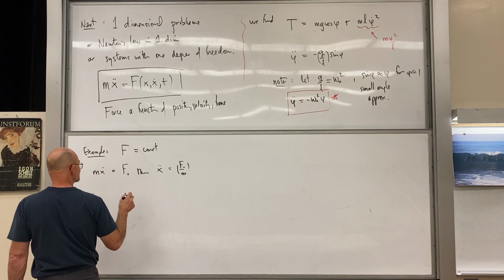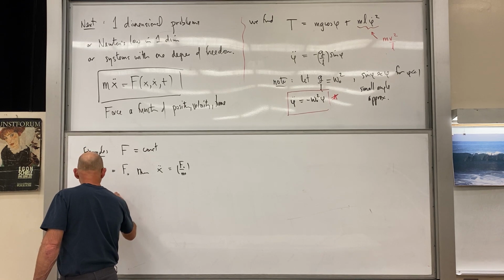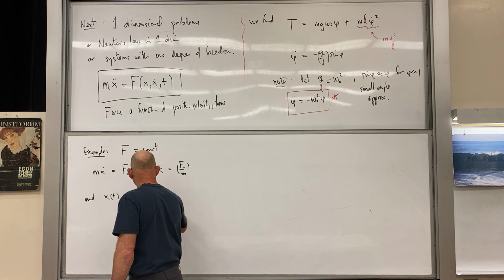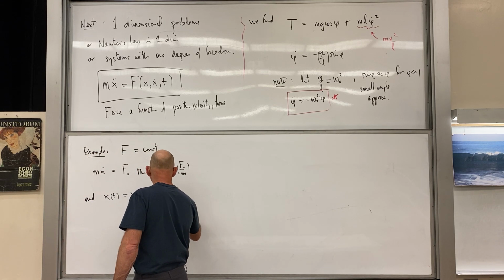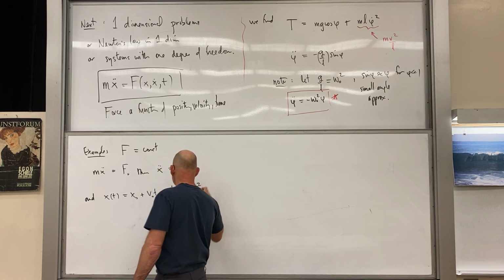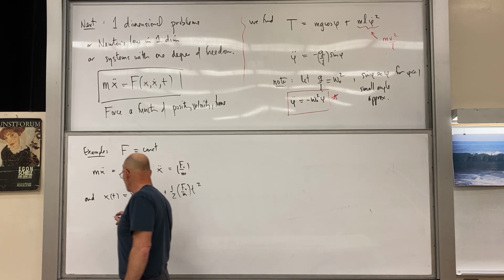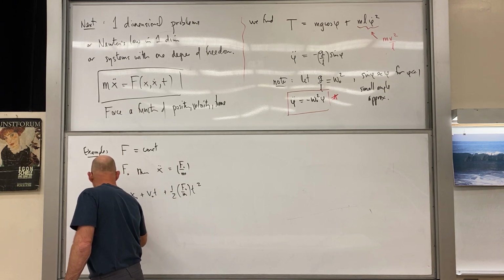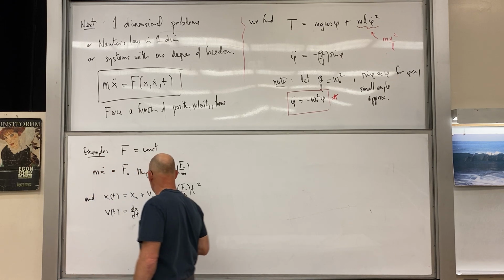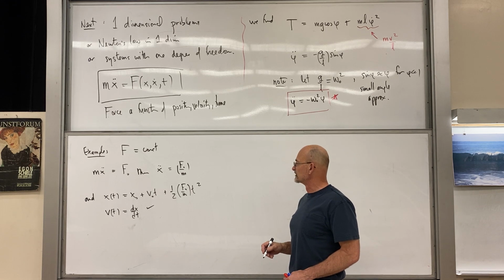And x of t is equal to x0 plus v0 t plus 1/2 times our acceleration, t squared. Okay. And v of t is dx/dt, etc. So that's the first kind, and we took care of that.